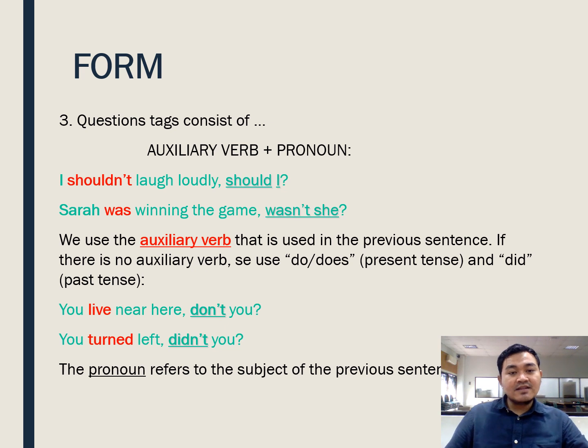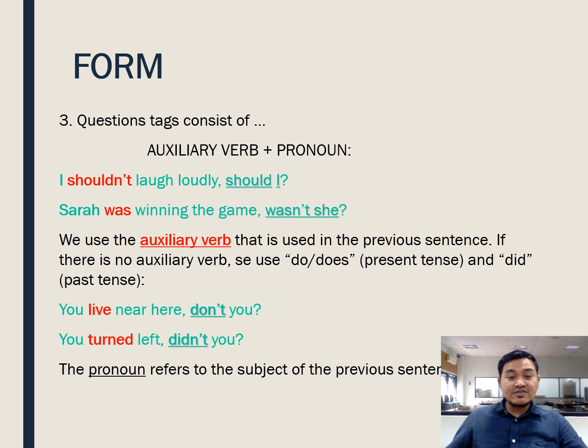The next one, the question tag consists of an auxiliary and a pronoun, the red words that you can see on the screen. We use the auxiliary verb that is used in the previous sentence.